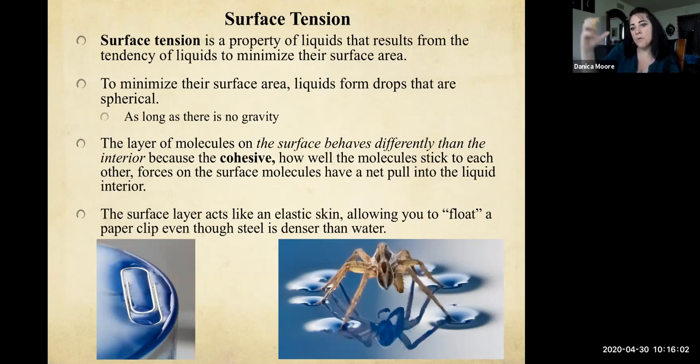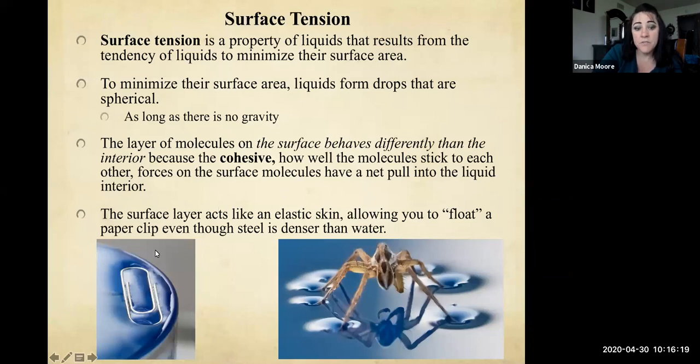So the net pull is from the center of the liquid on that outer layer of molecules, and that's what forms that spherical shape.